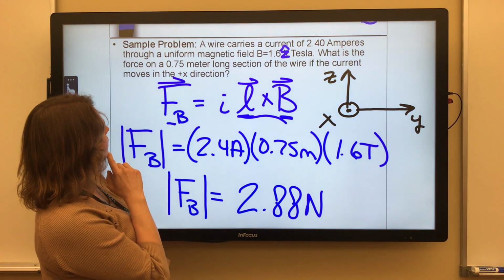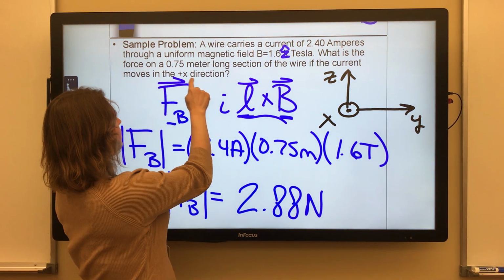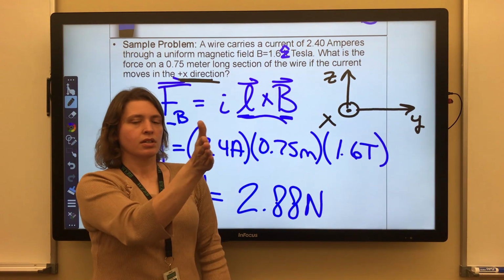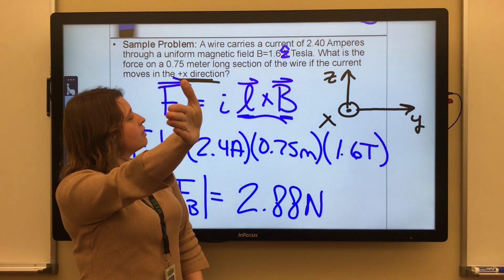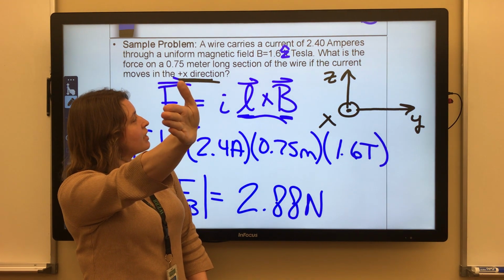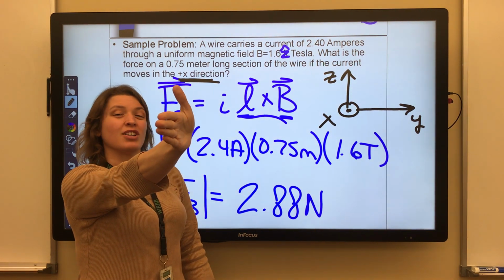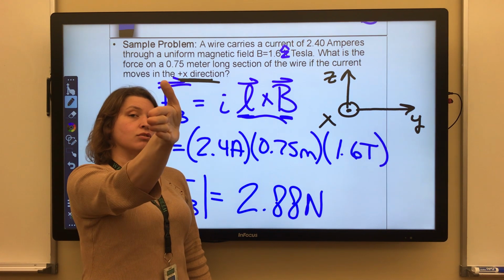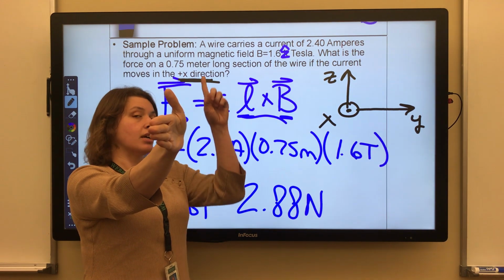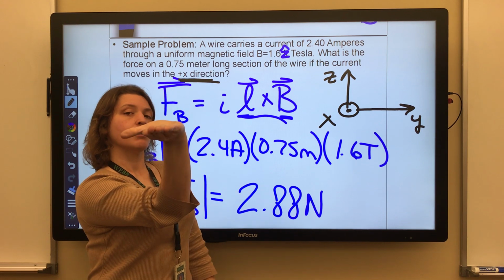So if our current is in the positive X direction, I'm going to align my fingertips straight outward. And if B, the magnetic field, points in the positive Z direction, I need to be able to curl my fingertips from this position, pointing straight out at you, to straight upward. So I'm going to orient my wrist this way.